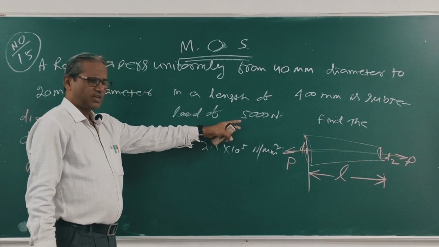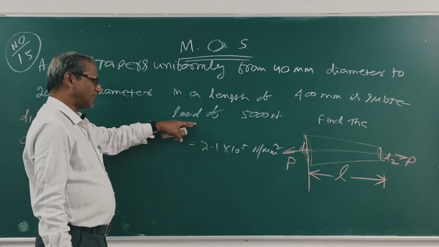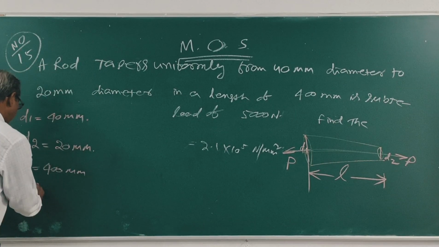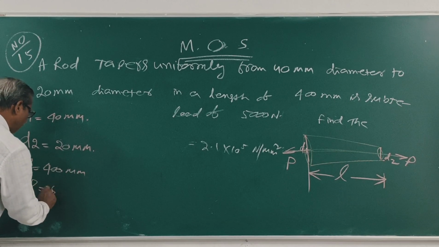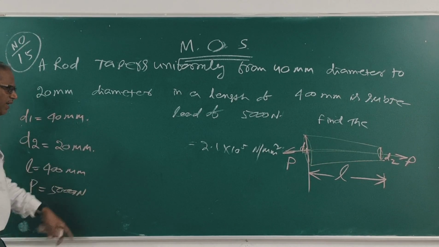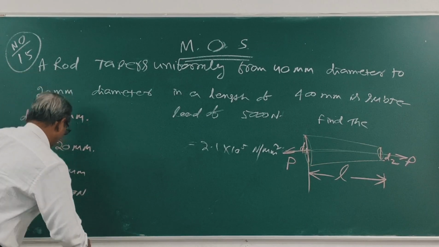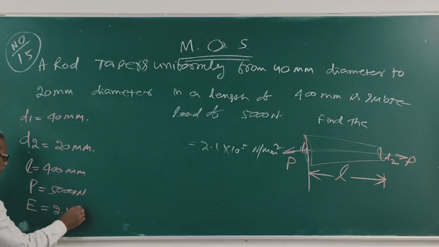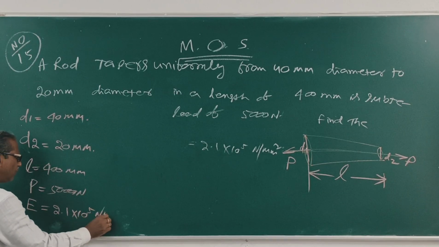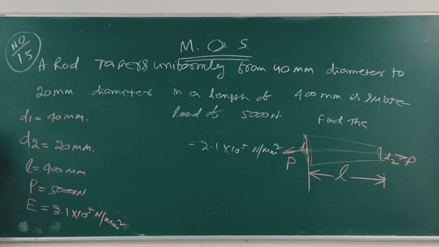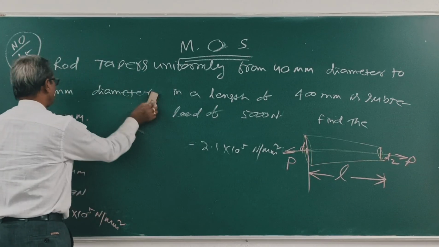If the rod is subjected to an axial load of 5000 Newton, P is equal to 5000 Newton, and Young's modulus E is equal to 2.1 into 10 to 5 Newton per mm square. Find the extension of the rod, delta L.